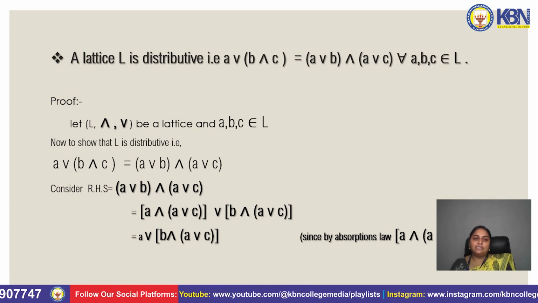Now we have to separate the elements with the join operation. The first element is A. A can be met with the elements A join C. Then we get (A meet (A join C)) join (B meet (A join C)).